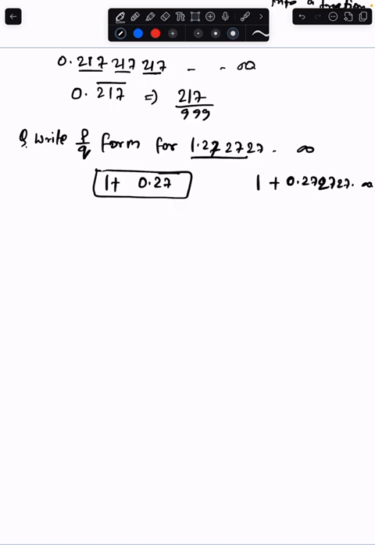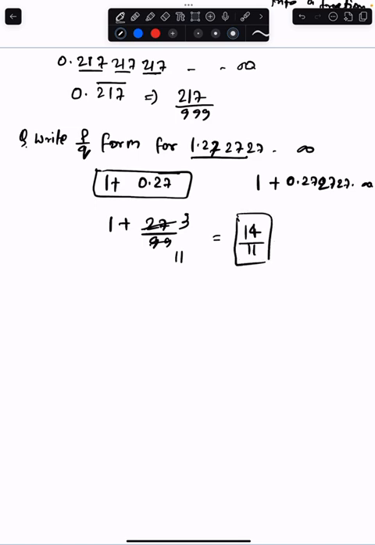Now what will we do next? We remove the bar. To remove the bar, we will put 999. Now we will solve this mixed fraction. Then we calculate this fraction; both are divisible by 3, and also by 9, so 9 threes are 27, and it will be 14 by 11. This will be our answer.